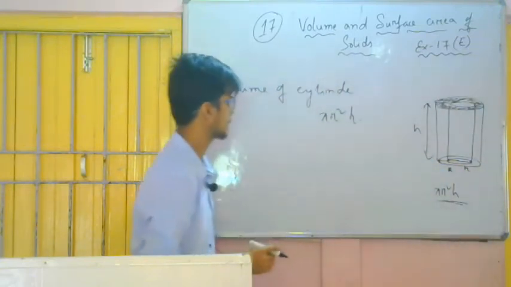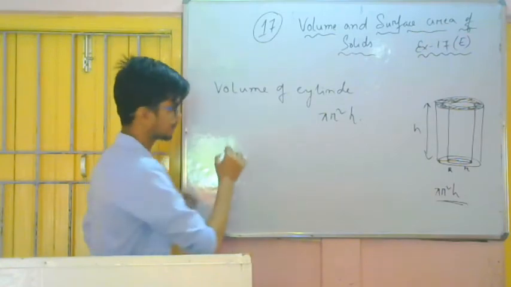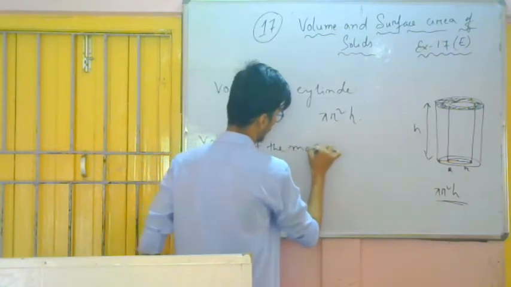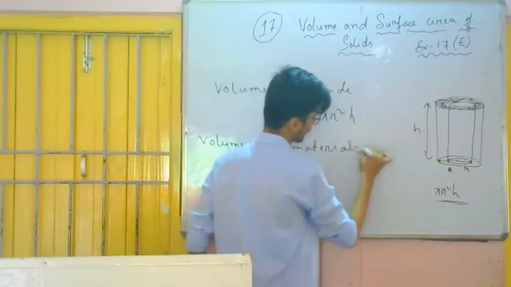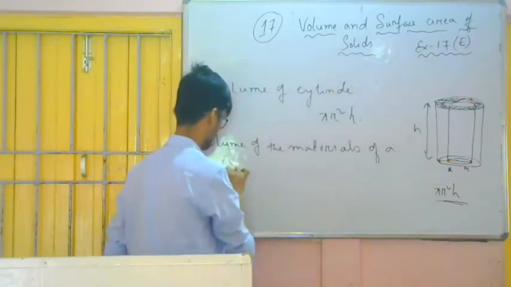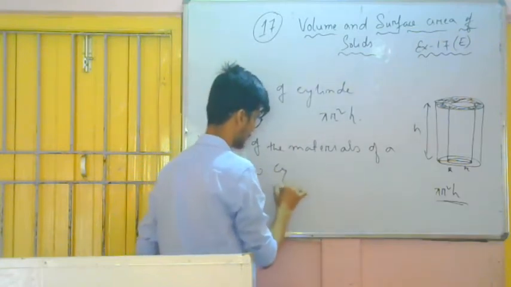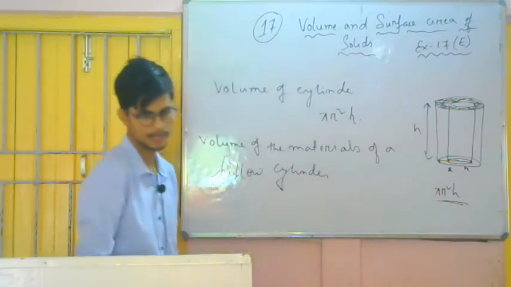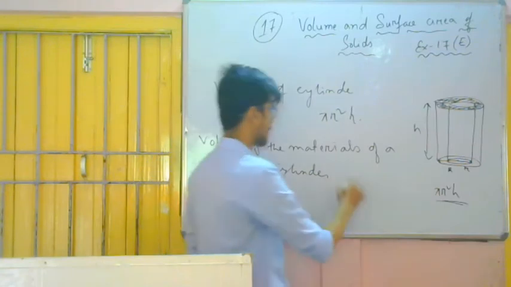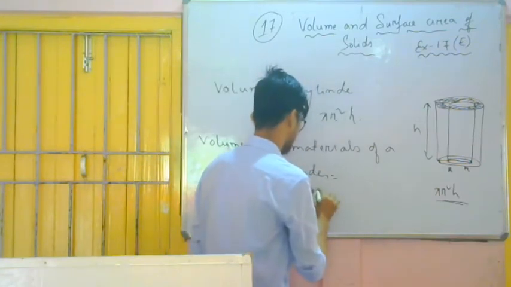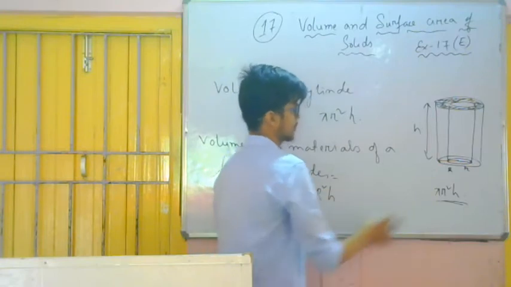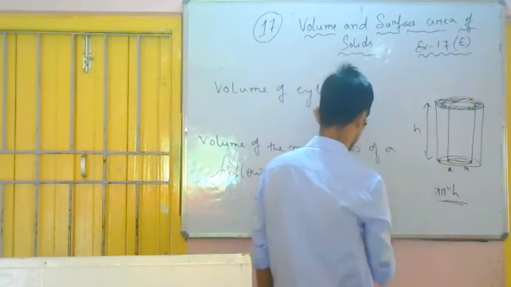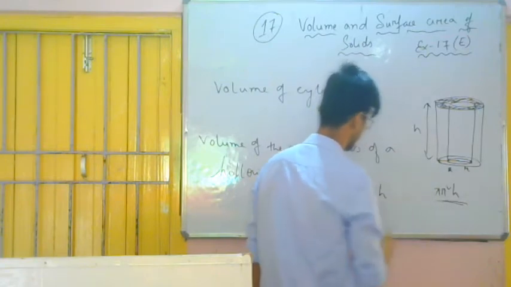Volume of the material of a hollow cylinder is pi R square H, the volume of this whole cylinder, minus the volume of this inner one, pi r square h.